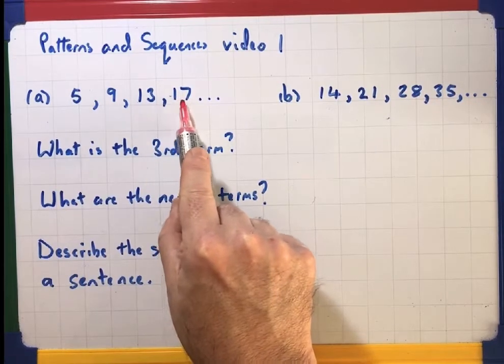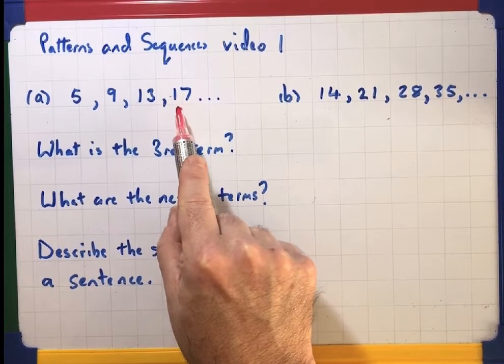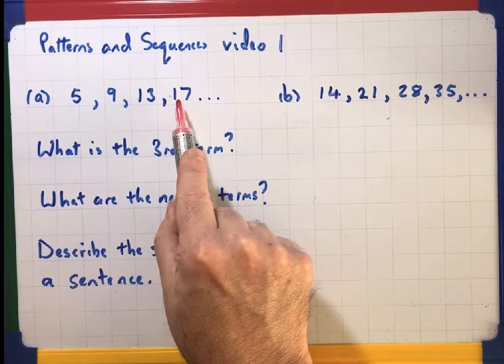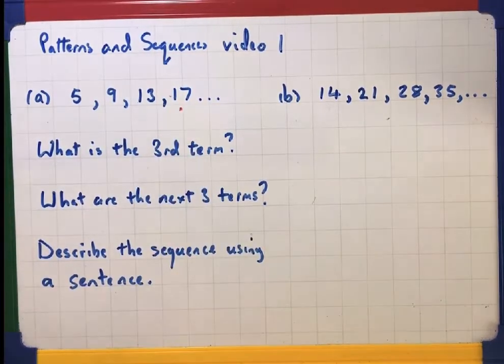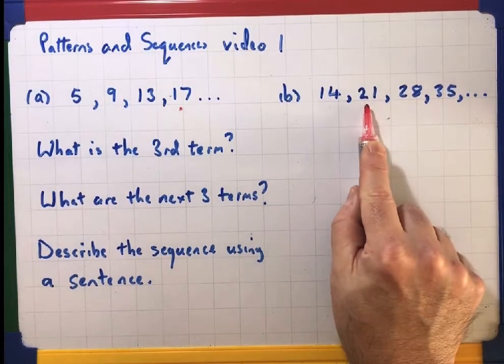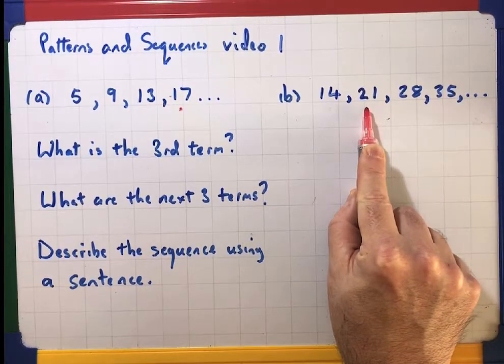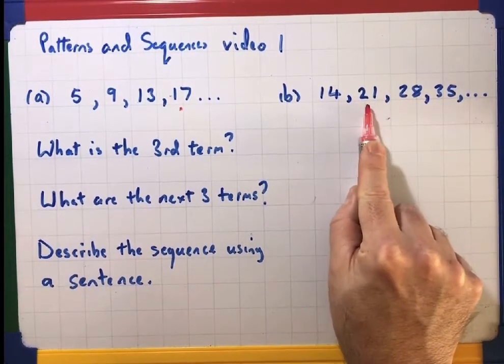We would say that with this sequence, the fourth term, which is the fourth number in, is 17. The sequence refers to the whole list of numbers, whereas a term is an individual bit of the sequence. So, for example, the second term in this sequence would be 21, because it's the second number in this list.